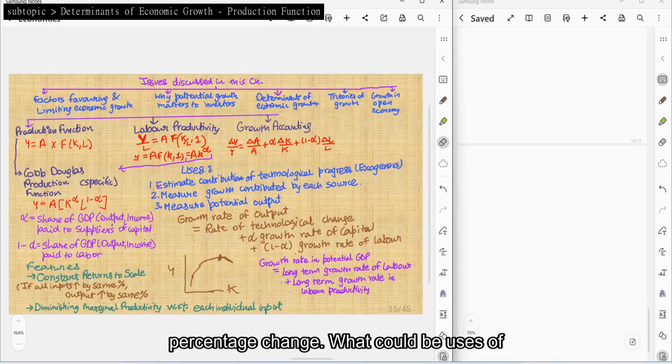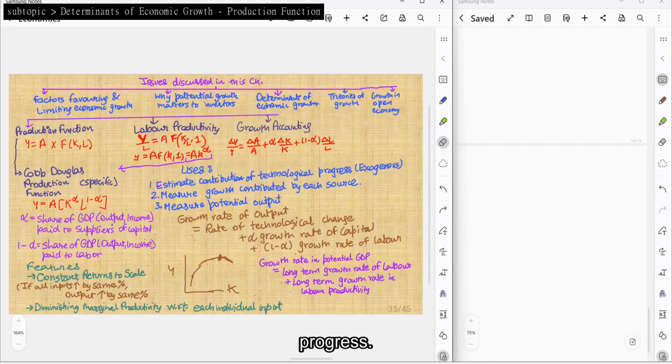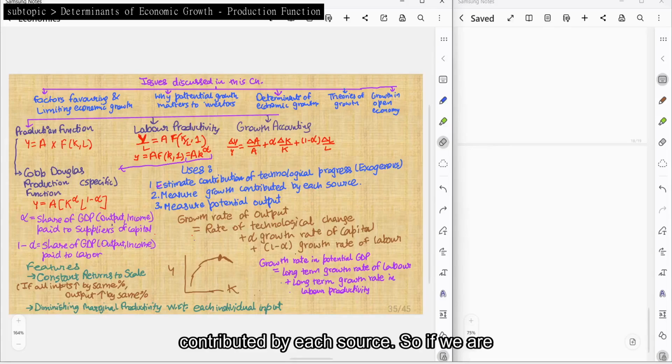What could be the uses of this equation? The rate of technological change is an exogenous variable. So if we know the growth rate in output, alpha into growth rate in capital, and 1 minus alpha into growth rate in labor, we could plug these into this equation and determine the level of technological progress, or in other words, the growth rate in technology. The second use is that it measures growth contributed by each source.